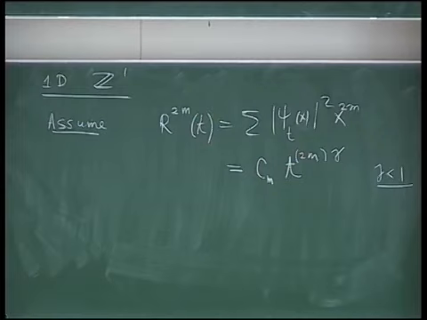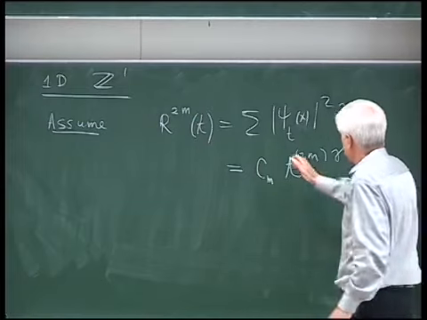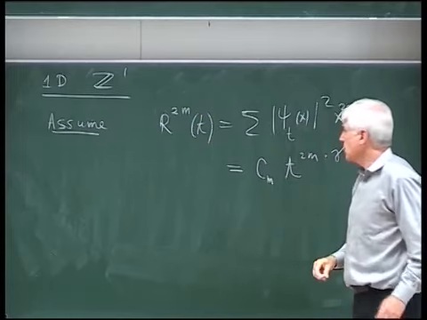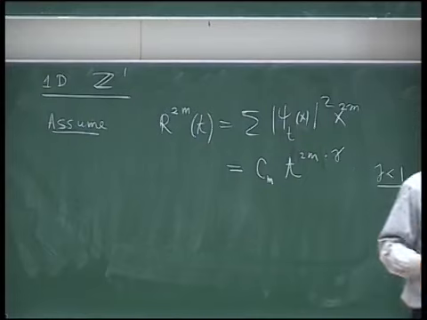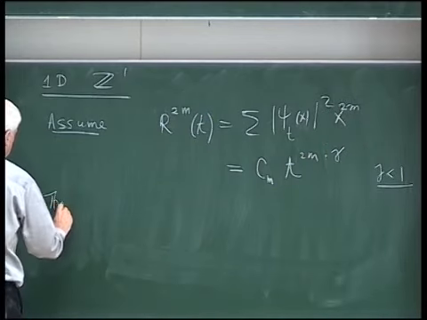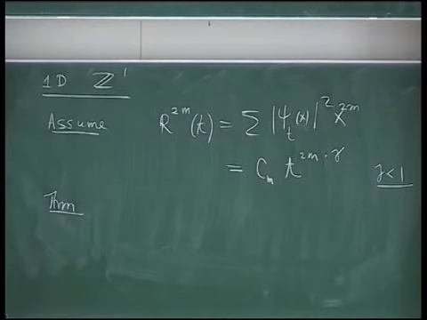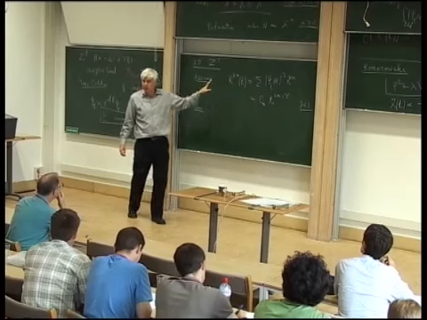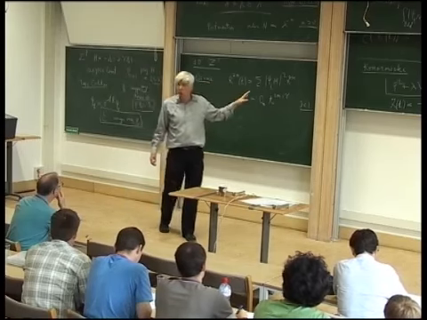This is just a quantitative statement of how fast your wave packet spreads, and the theorem, which I would like to state, is that you cannot have this behavior. If you have subballistic behavior, then you're localized.